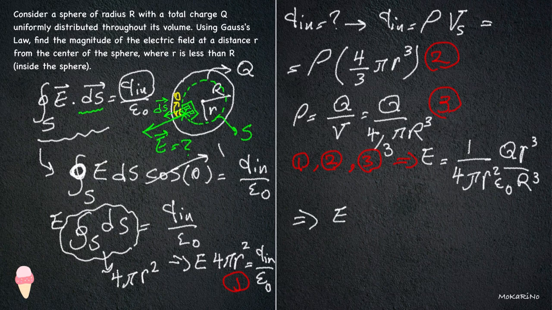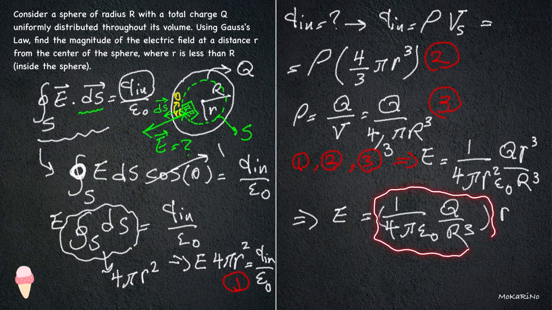If I simplify it, I can say that this is Q over 4 pi epsilon 0 R3, multiplied by r. This part is constant, this part is constant, and you see that E is just a function of r.